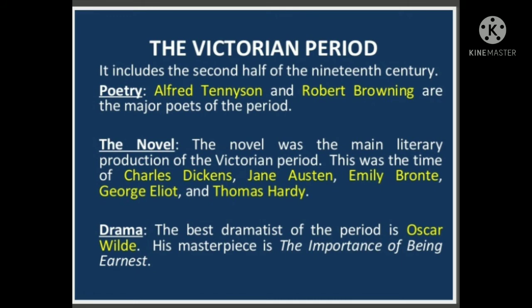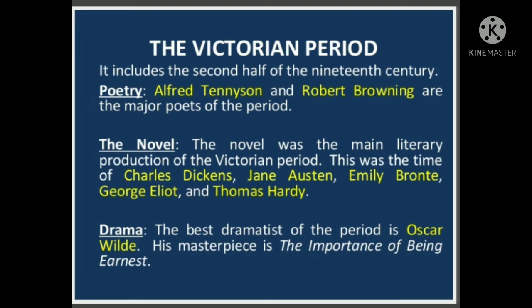The Victorian period includes the second half of the 19th century. In poetry, Alfred Tennyson and Robert Browning are the major poets of the time. Robert Browning is known for his dramatic monologues.